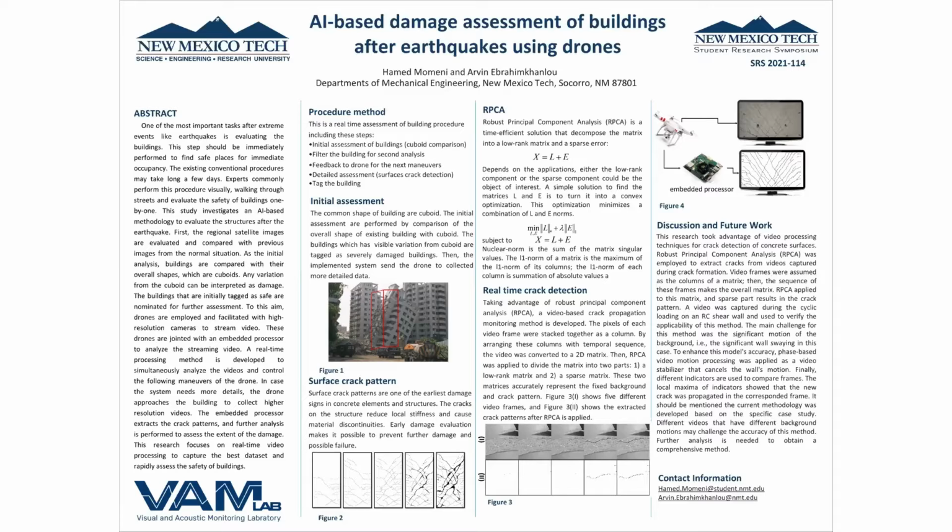Okay, sorry, which step? I cannot see your cursor. This is not a case study. It's two different steps. The first step works on the overall shape of the building and checks it. The second step checks the surface crack pattern.